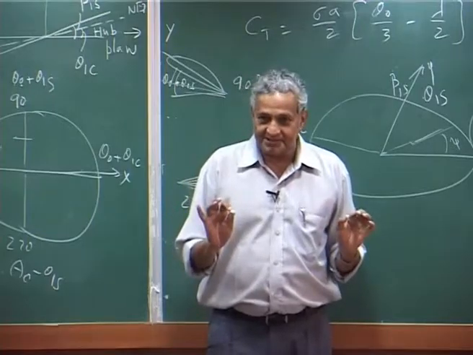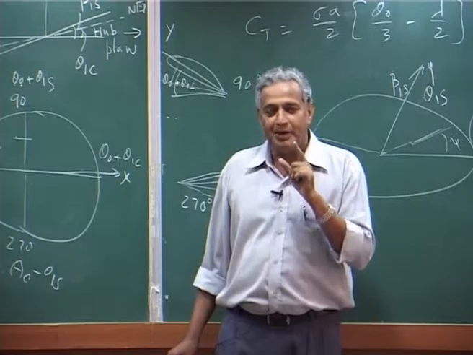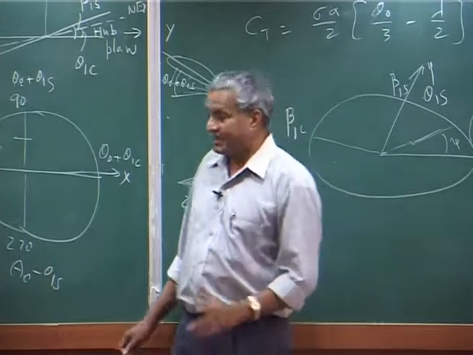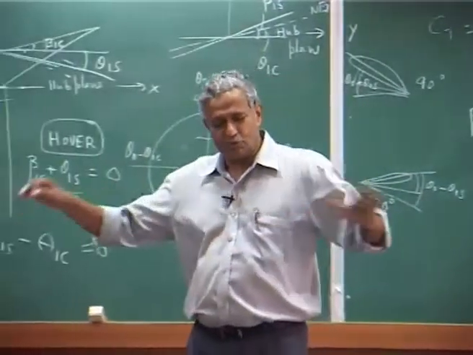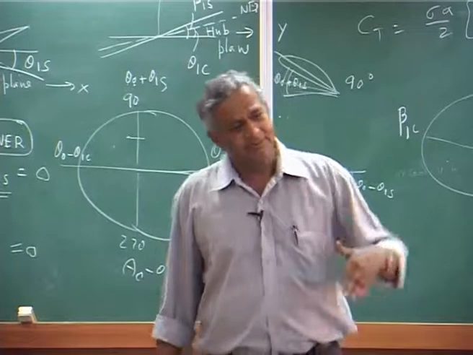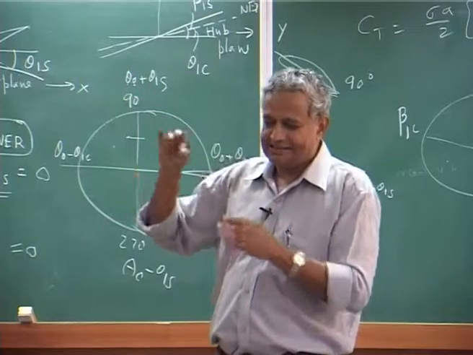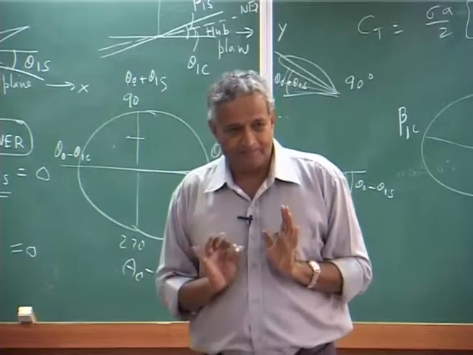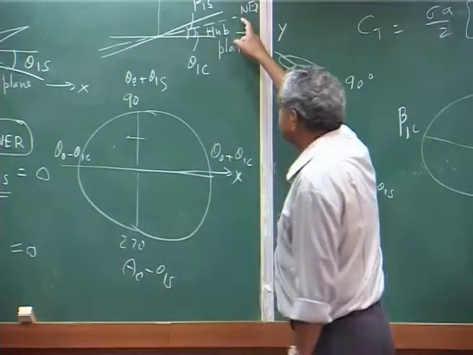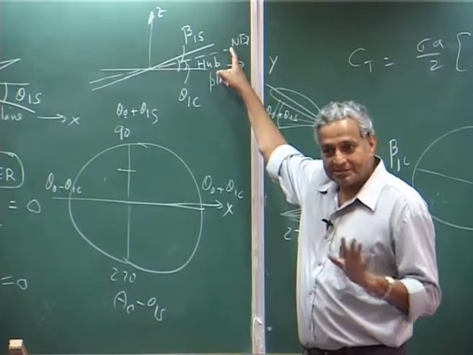Because of the 90 degree phase shift, essentially what the pilot does is tilt the swash plate plane, which is the control plane, which is also the no feathering plane, if you do not have any flap pitch coupling etc. So, he is tilting only this plane, the no feathering plane, that is all.